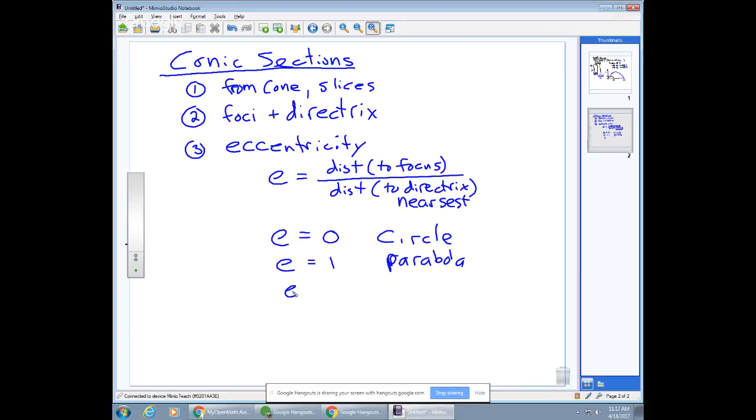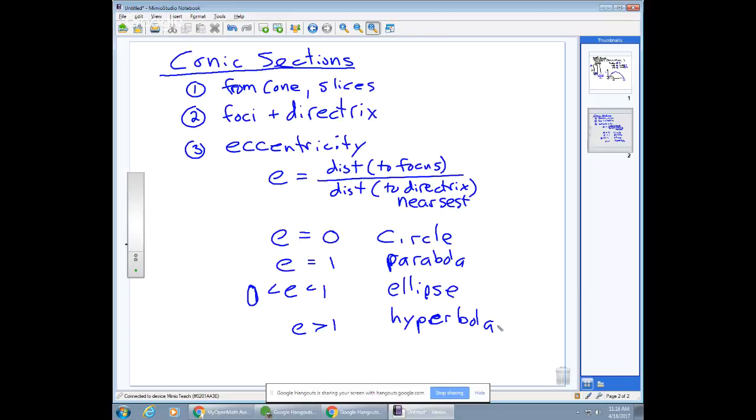If the eccentricity is between 0 and 1, then it's an ellipse. If the eccentricity is greater than 1, then it's a hyperbola.